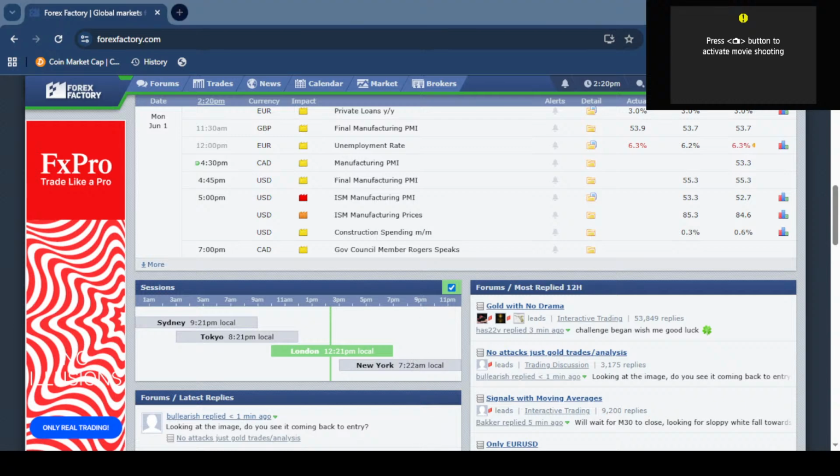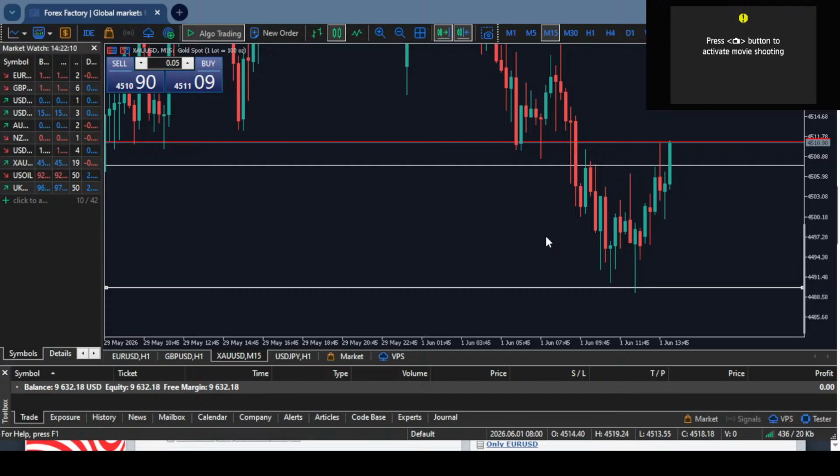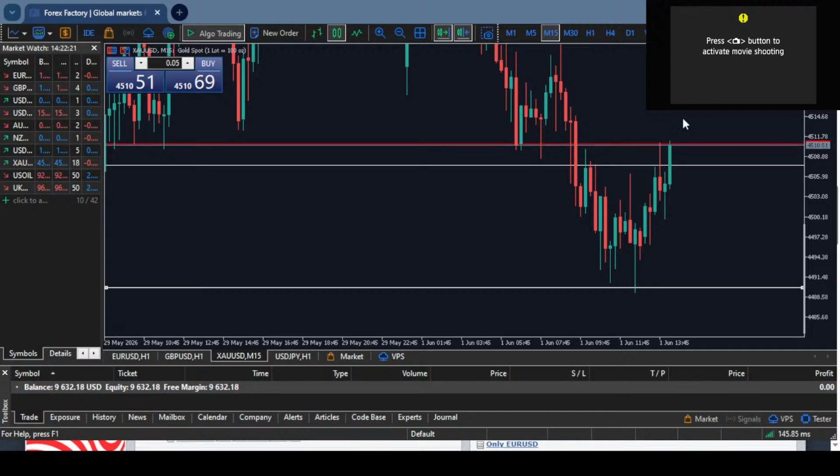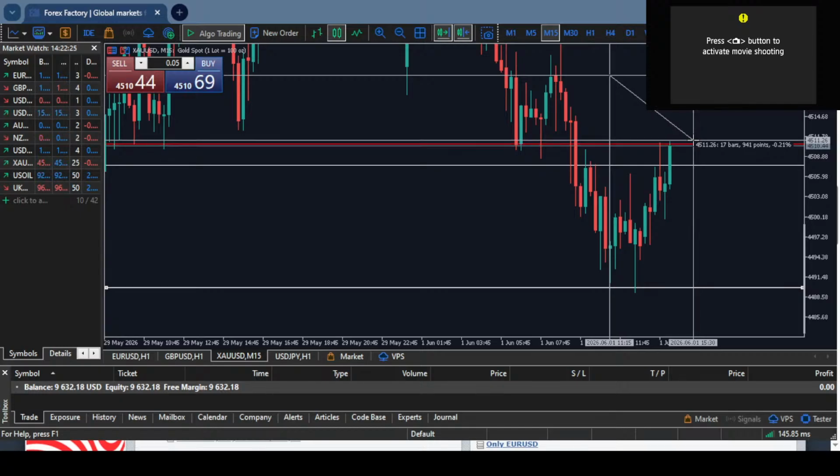Okay, get back to the chart. See, the market is pushing, and if it closes like this with an upper body above this one, there's a very high chance we take a buy over here and we get 90.